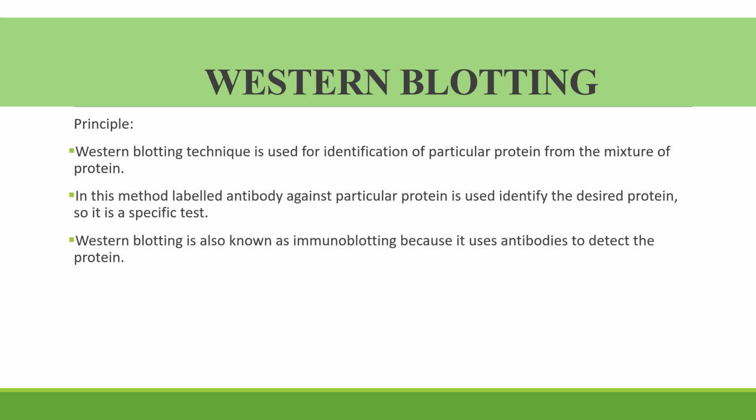Because for that particular protein you are giving a specific antibody, which is specific to that protein only. If that protein is present, only then will it bind and give some fluorescence or blot. That's why it is specific. Western blotting is also known as immunoblotting, as we have discussed.